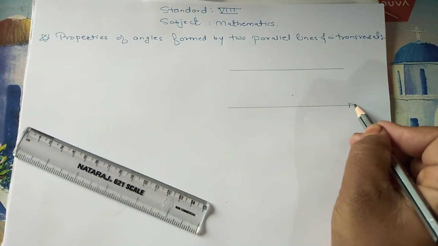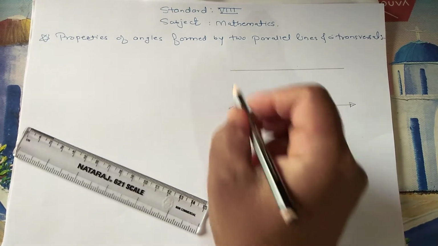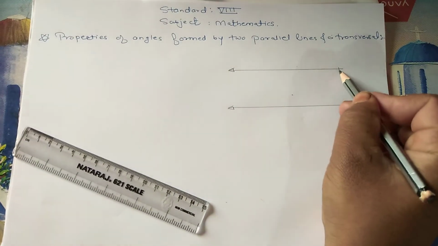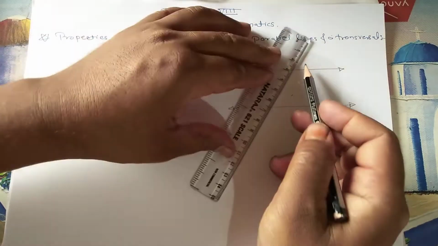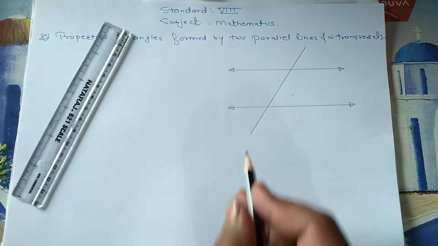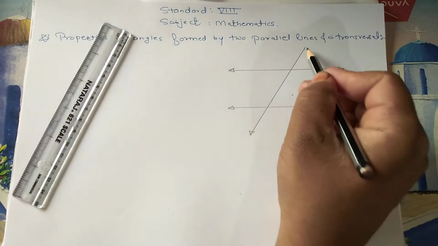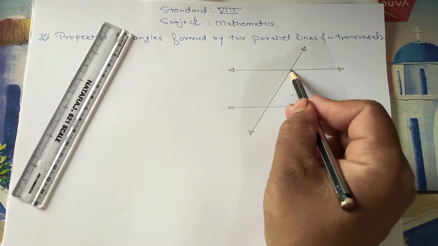These are the two parallel lines which never intersect each other. Then we draw one transversal, which cuts the two parallel lines at two distinct points.